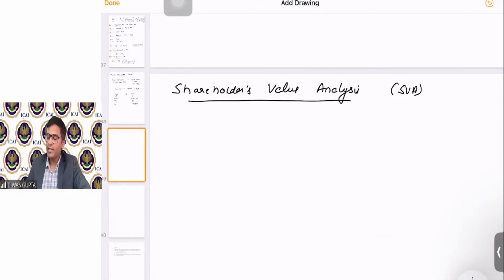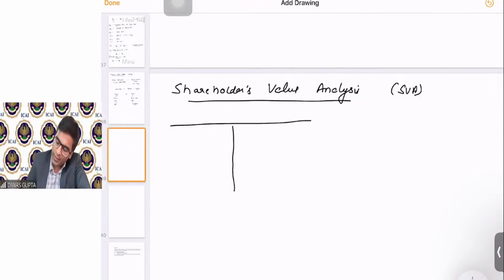Okay, I will take you through an example, which will help us to calculate the shareholders value analysis. So if I take the balance sheet, let's say, of a company, it will have property, plant and equipment. It will have inventories. It will have trade receivables.